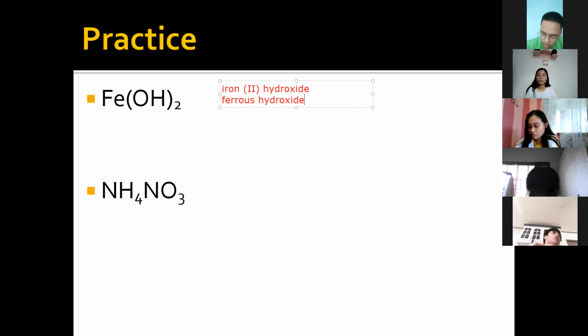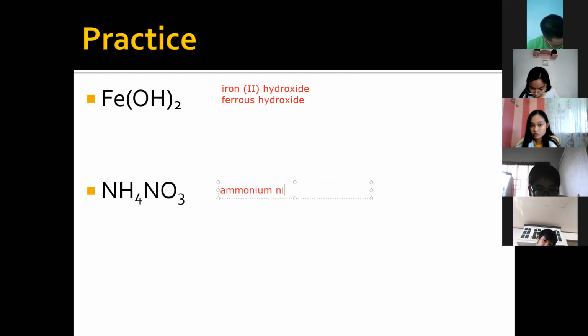How about NH4NO3? This is ammonium nitrate, because NH4 is ammonium and NO3 is nitrate. So this is ammonium nitrate.